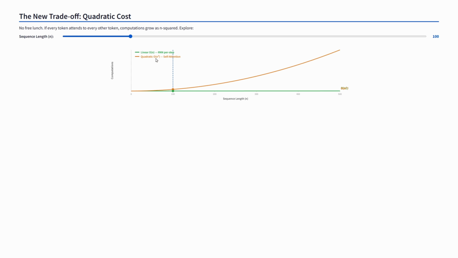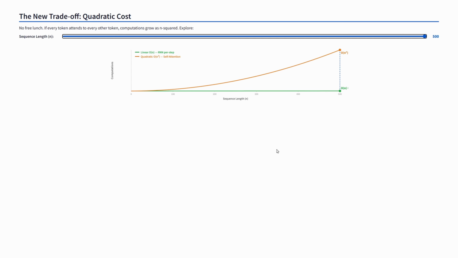Well, that's manageable. Let's push it to 200. That's around 40,000. And at 500, it's around 250,000, right? Watch how the orange curve pulls away from the green line. That's a quadratic explosion. It gets worse fast.